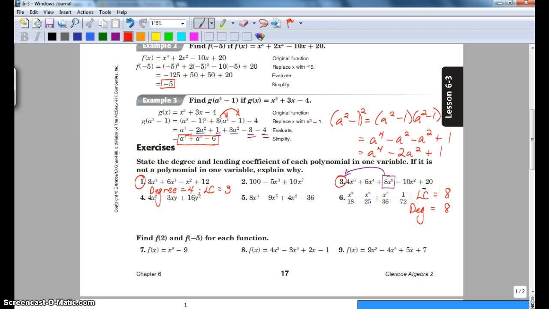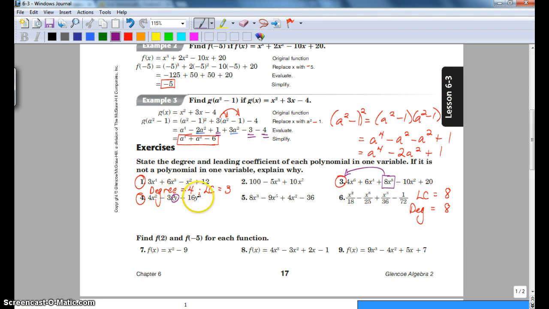Let's take a look at a problem like number 4, however. Number 4, you have 4x to the second minus 3xy plus 16y squared. Okay, so there are two concerns here. Number 1, you actually have in the middle here two variables. You have x and y.